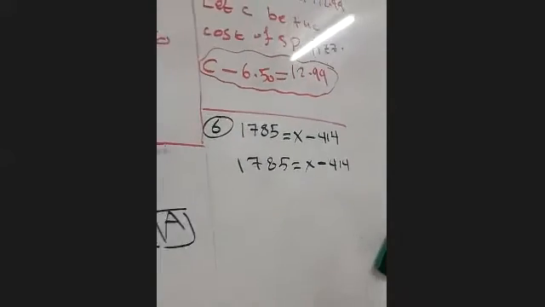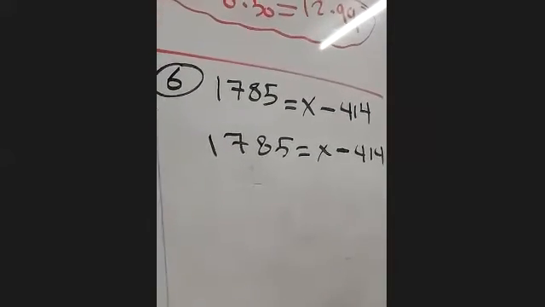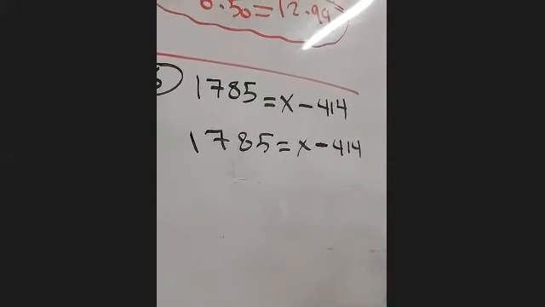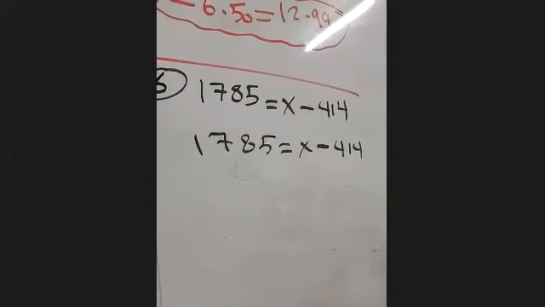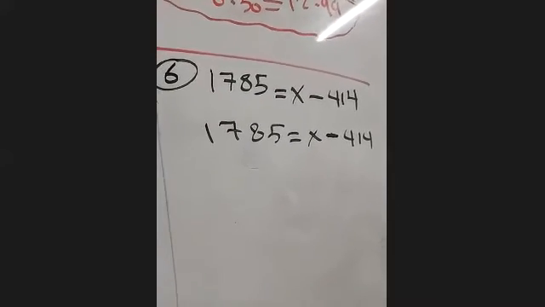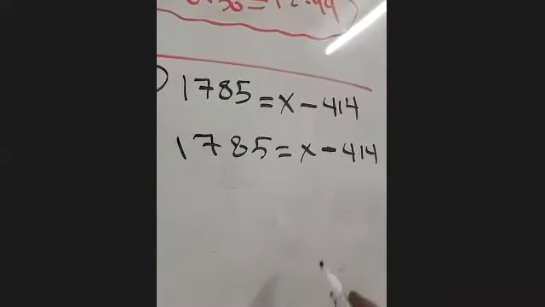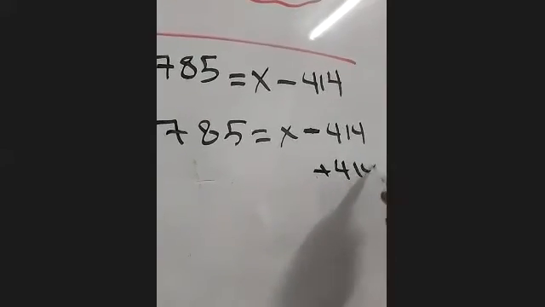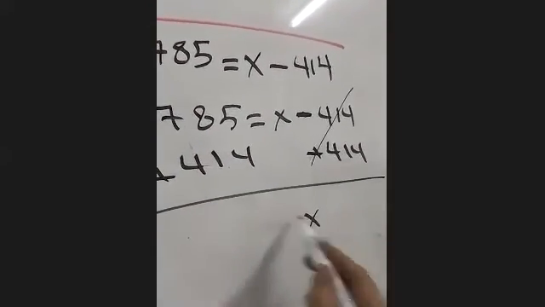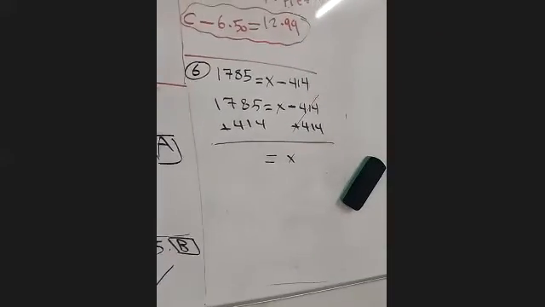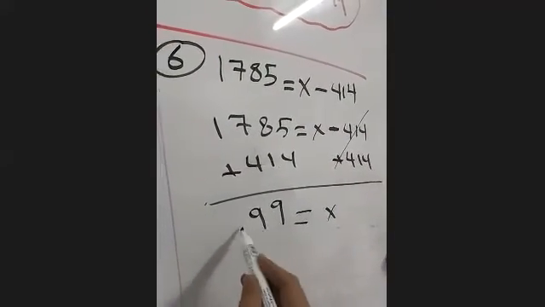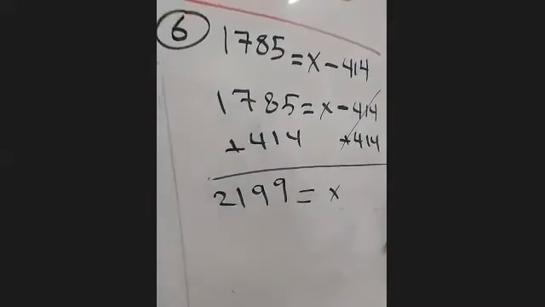1785 equal x minus 414. Then add 414 on both sides. X will be, sorry, add 9, 9, 1, 1, 2, right?